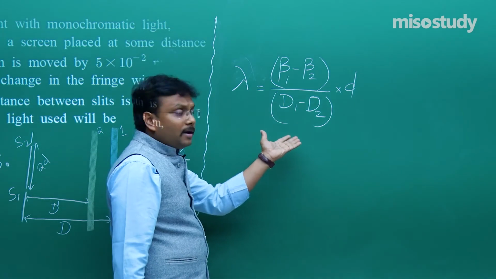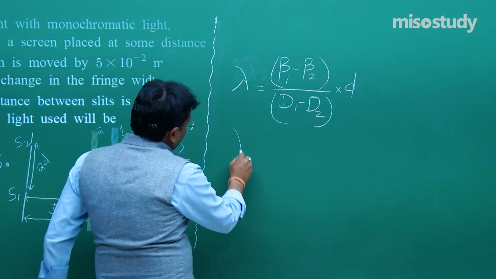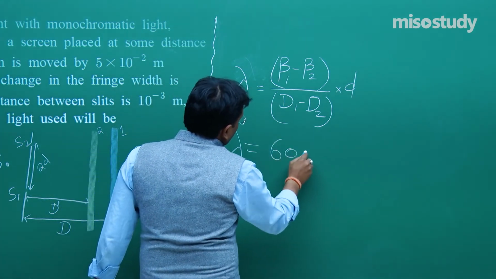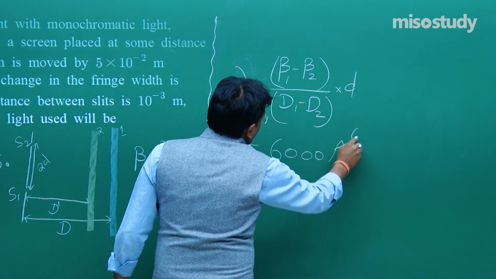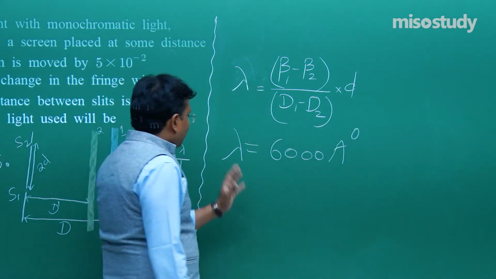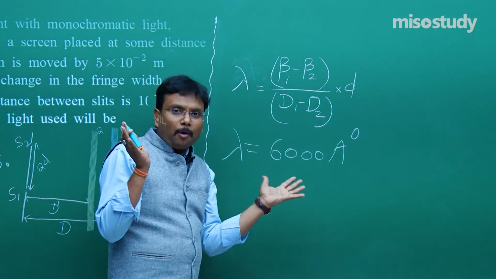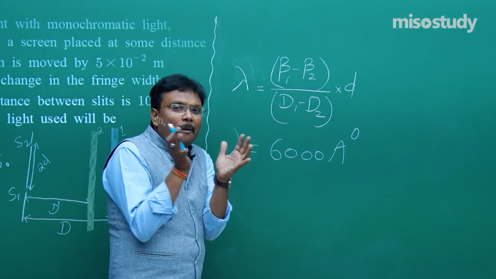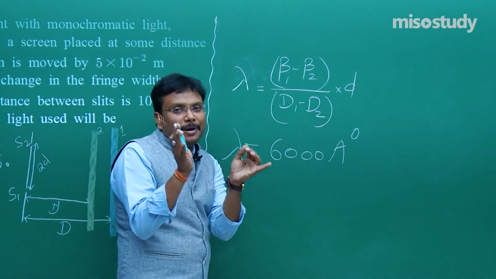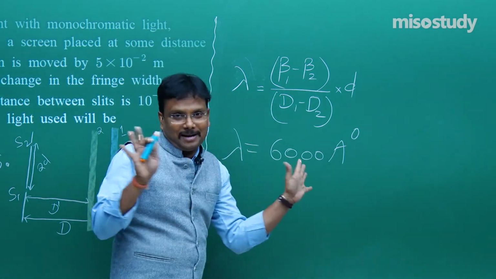Every value is given, put the value, you can get lambda is equal to, fine. So as such, this question is not difficult one. First you have to visualize the problem, and you can say it is a combination of two very simple problems from interference pattern. Fine.